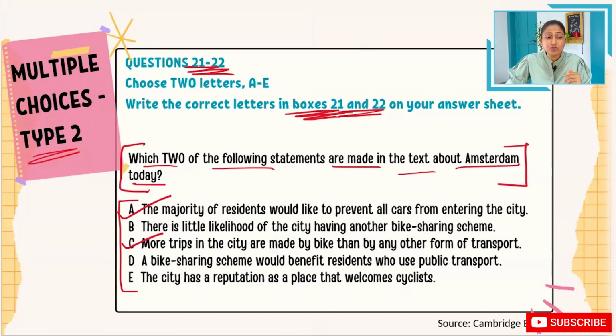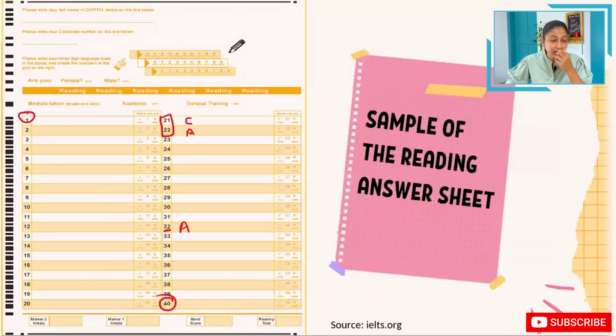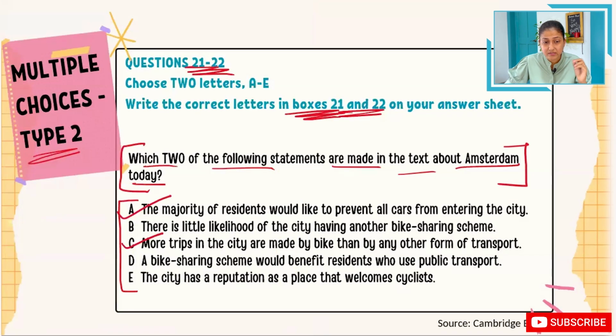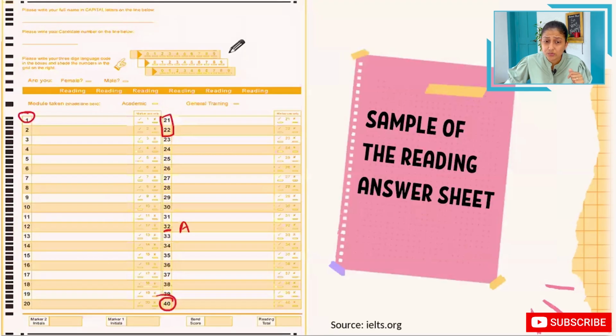Now this also means, for example, if you're not able to find both answers accurate, let's say by mistake you found C as your correct answer, and next you found E as the correct answer. What would you do? You would write C in box 21 and you would write E in box 22.